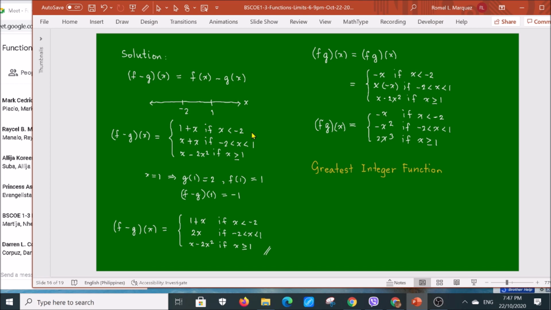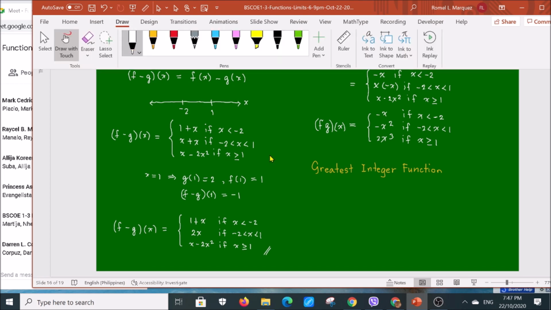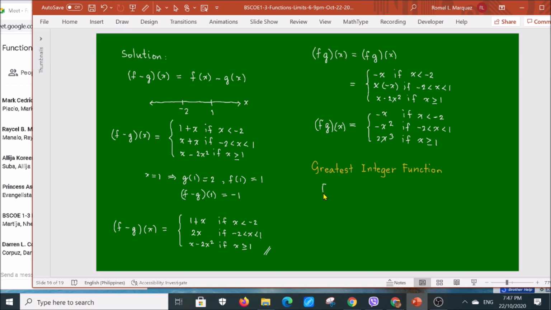The notation, by the way, this is the notation. There are a lot of notations, no? This is the one we use in calculus, but as I said, many notations are used. So we call this the greatest integer function.